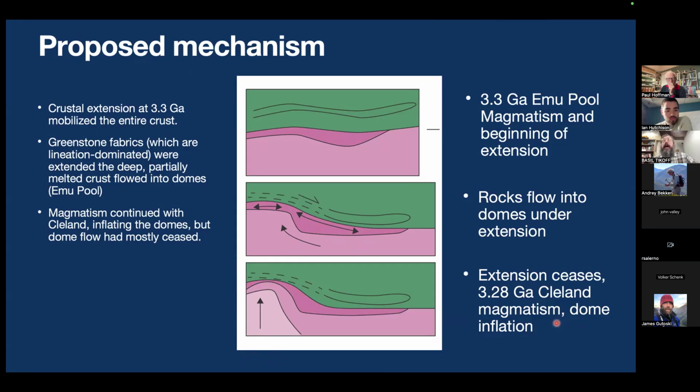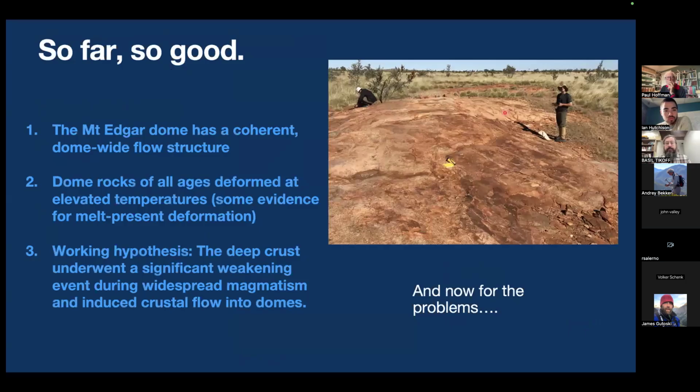The Cleland magmatism and associated deformation is probably what's causing the domes as we see them today, although that process seems to start with the intrusion of the 3.3 billion year old Emu Pool. Okay, so far, so good.